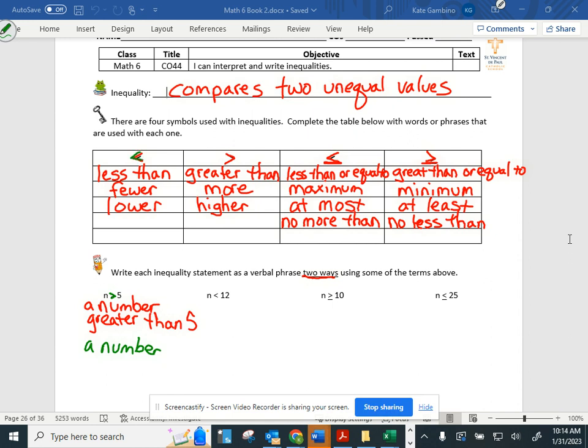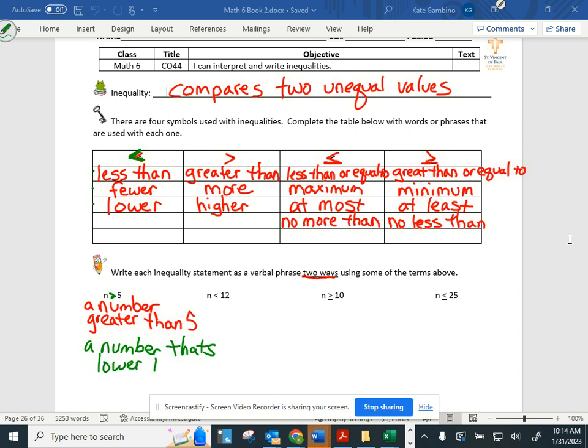A number greater. Look at our symbol here. We want to use one of these kind of terms. Higher than. Look at our symbol here. That's less than. Yeah. So we want to use one of these words. So a number that's lower than 5.